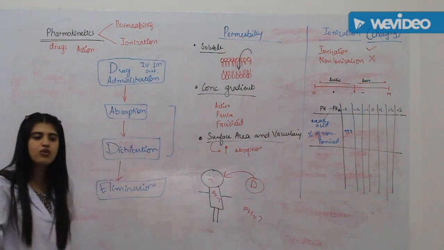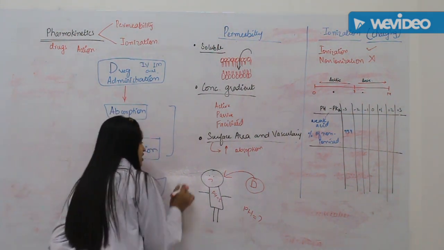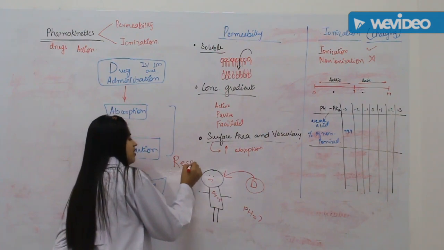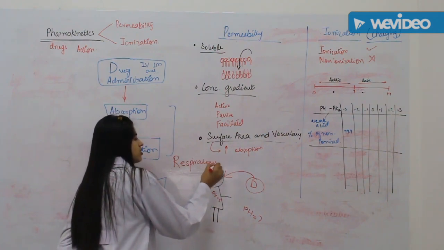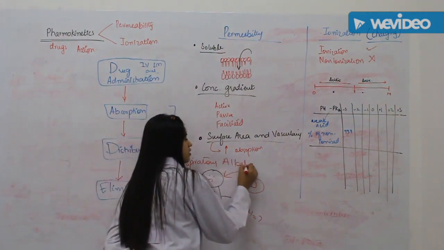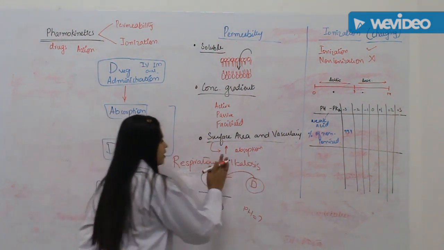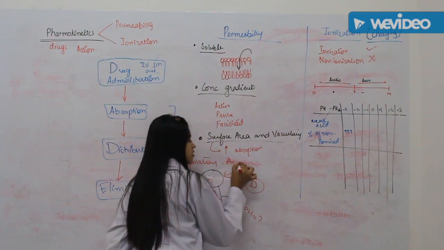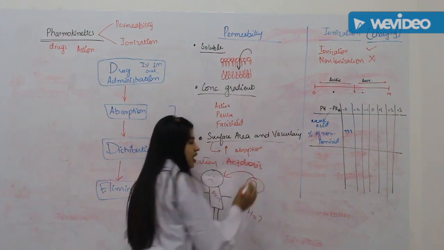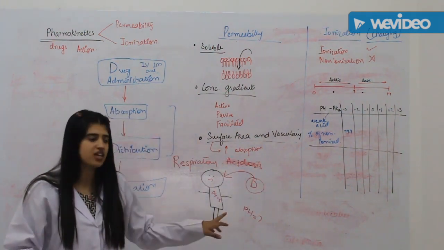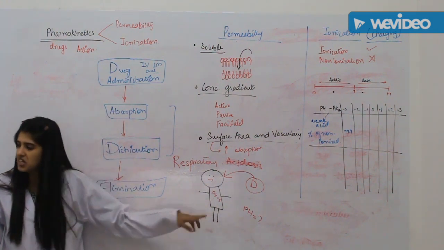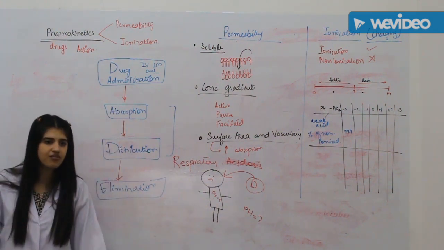Let me give you an example of respiratory acidosis. If the body is already acidotic, it means its pH is decreased, like it becomes 5.